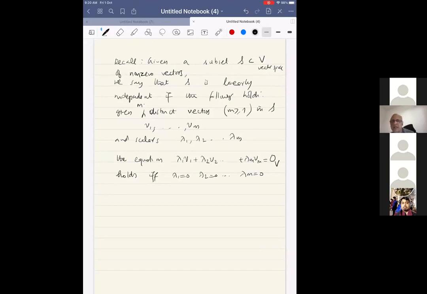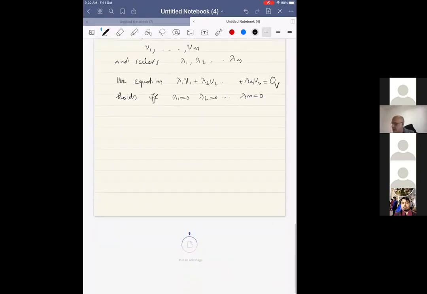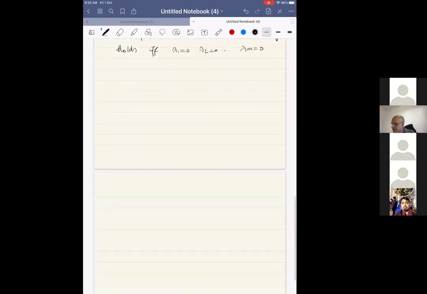So in the last lecture, I immediately began to prove various abstract theorems without pausing to talk about examples. But let us spend a little time with the definition.